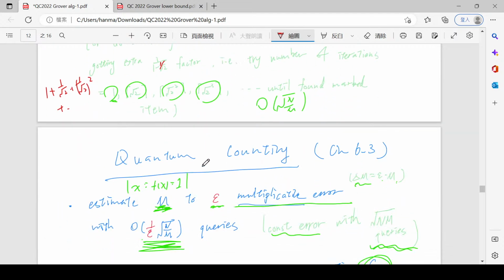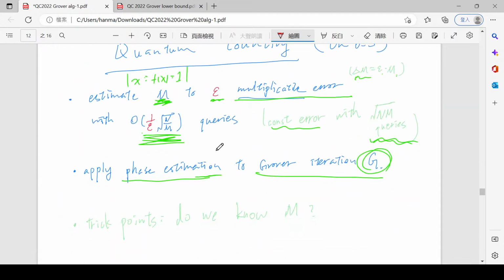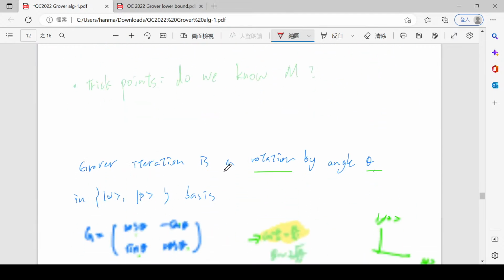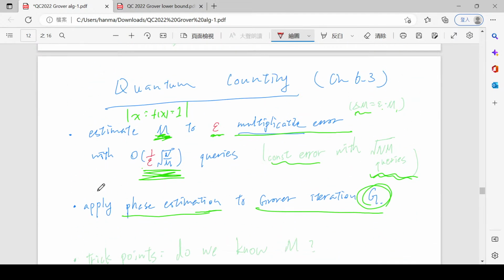So let's go over. Then we spent a lot of time on this quite messy quantum counting. The algorithm idea here is pretty simple. Quantum counting means you want to estimate m, but the calculation gets very tricky, because when you estimate m, how many queries you need depends a lot on the precision you want on m.